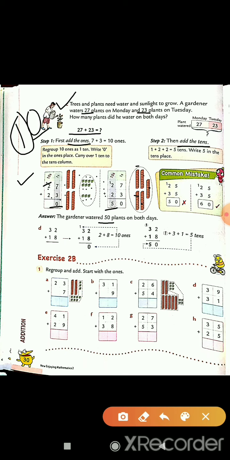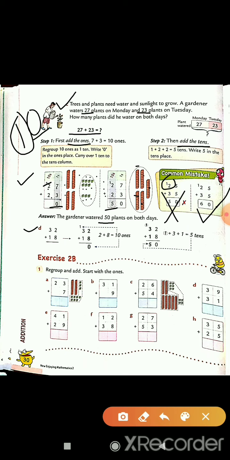Remember students, if you forget to add 1 to the tens, your answer will be wrong. If you want your answer to be right, you have to add the one which we have carried to the tens column. Clear students?